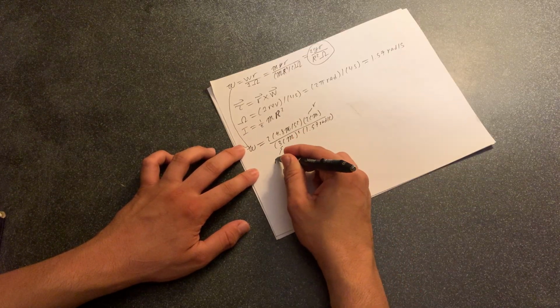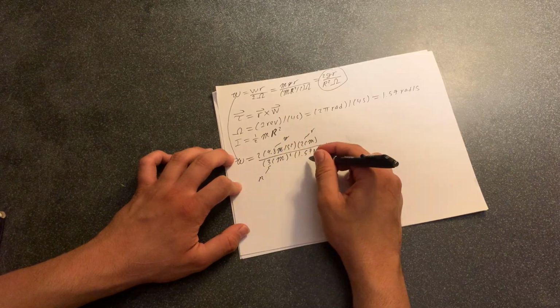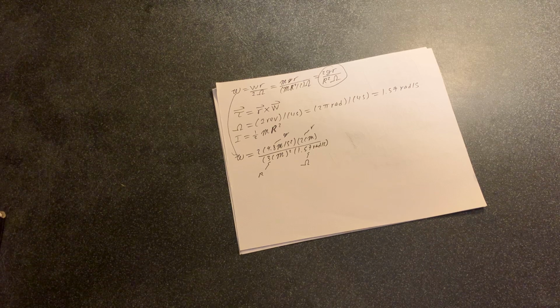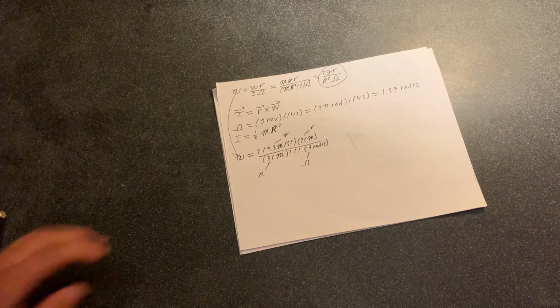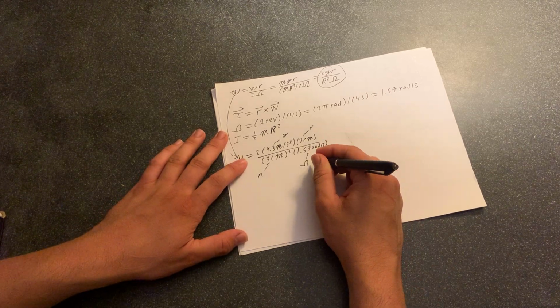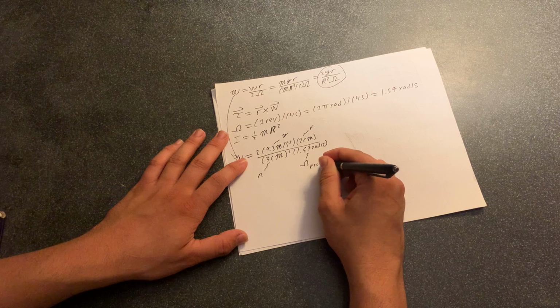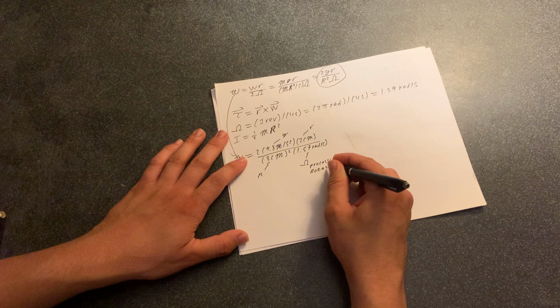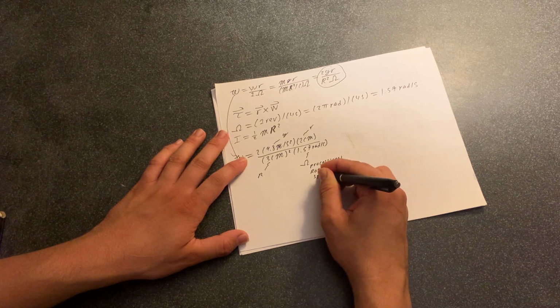So this is little r, and then this is big R. And then this is little g. And then this is omega, which is known as the precessional angular velocity, or precessional rotational speed. To sound more fancy, we'll just say precessional rotational speed.